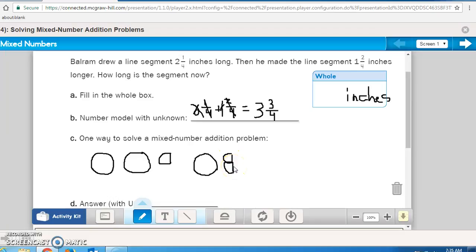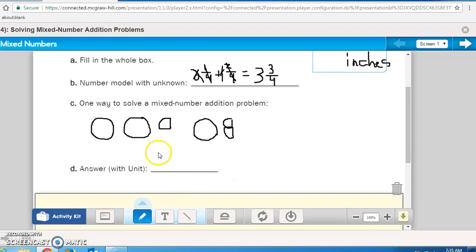When I add that, again, I have 1, 2, 3, and 3/4 pieces. Let's write that as a mixed number. The number 4 denominator is telling me that I could divide all of these into 4 pieces.